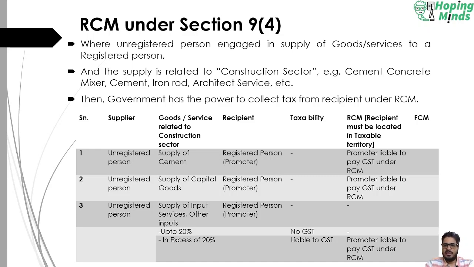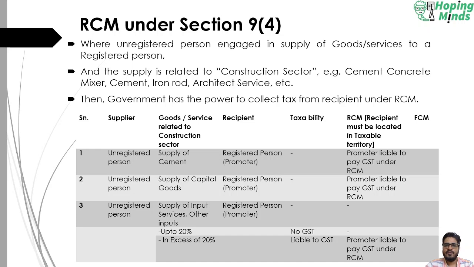But this provision was causing undue hardship on small businesses as well as on small suppliers, and hence later on, this provision was eliminated. So in today's scenario, RCM is applicable on notified goods and services.